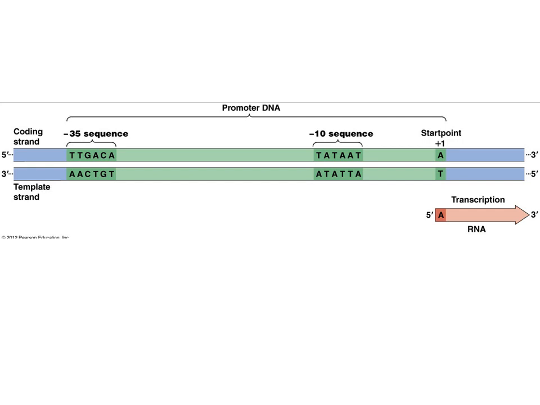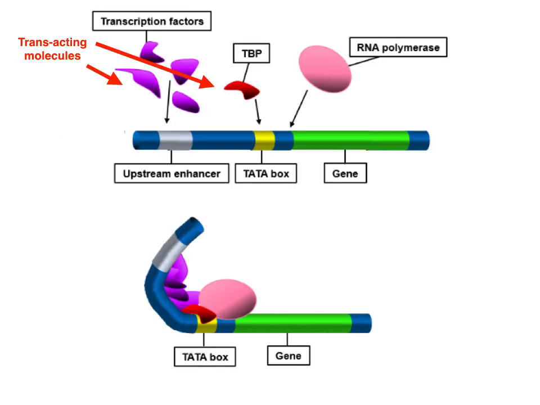But it's this promoter region that interacts with other molecules, like that sigma factor I showed you on the previous slide. That sigma factor and other things, so there are many other transcription factors indicated by these purple things, or transcription binding proteins, this red molecule.